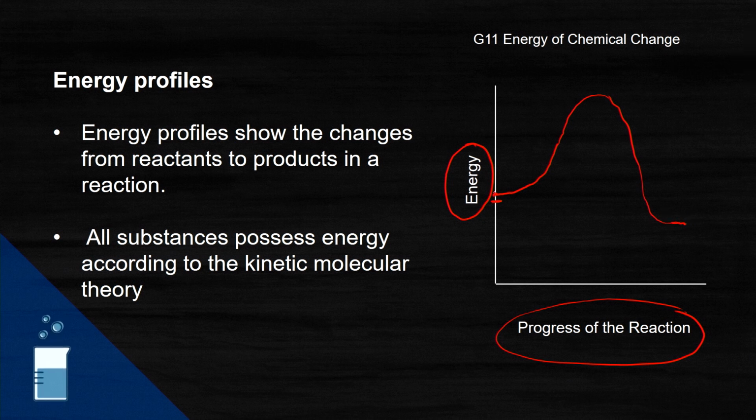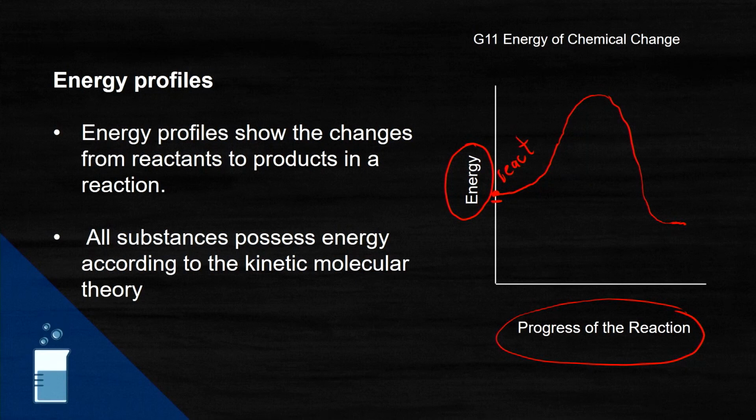So over here on the y-axis, you'll see that our reactants have a very specific energy. That's for a specific reaction when it is accurately measured. And when you see this type of graph, there will be a number there, and that is the specific energy of the reactant in that particular reaction. For the product, the same will happen. If we draw a line across and we read off the graph over there, we will get a specific energy for the products in that specific reaction.